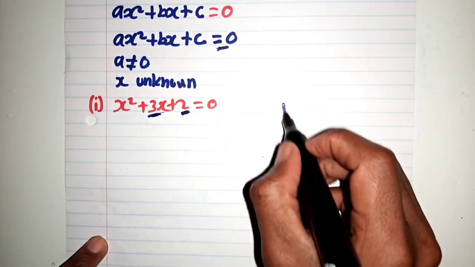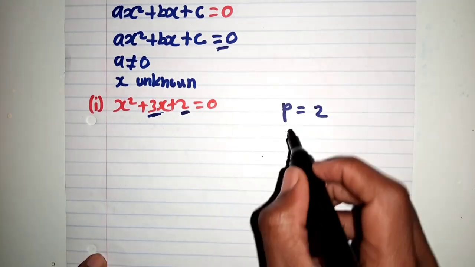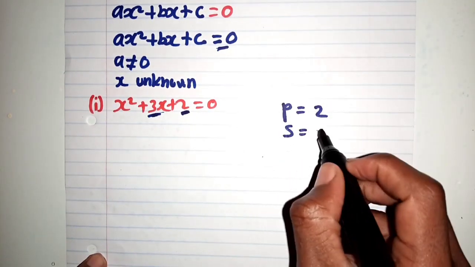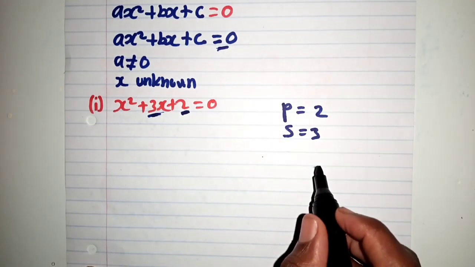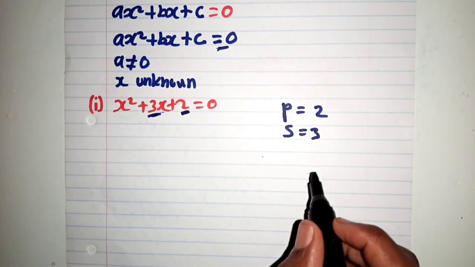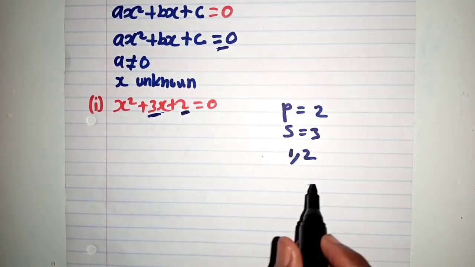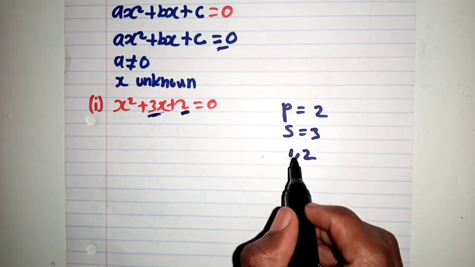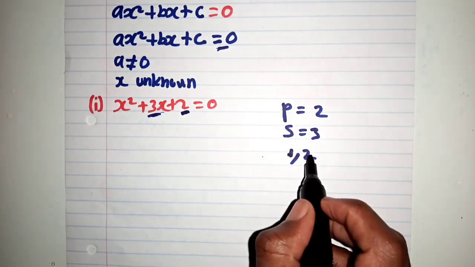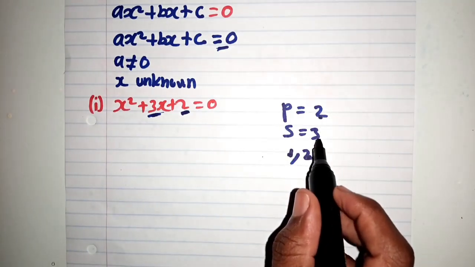So you have said product should give you 2 and sum should give you 3. In this case, we can have those numbers as 1 and 2. Why 1 and 2? Because 1 times 2, which is the product, you have this one. But when you add, you have this one.